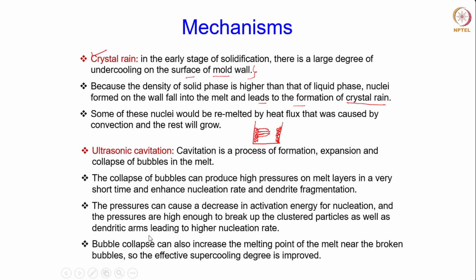And the pressure could be high enough to break up clustered particles as well as dendrite arms, leading to higher nucleation rate. So this is another effect that leads to a high nucleation rate, that is providing more and more particles for heterogeneous nucleation to occur, right? Due to the creation of such high pressures.